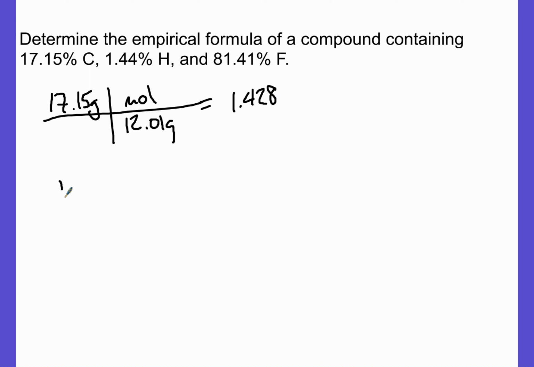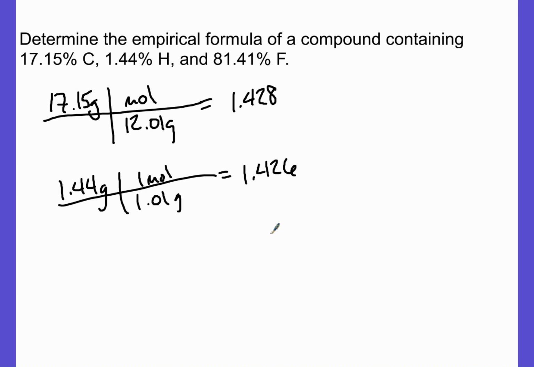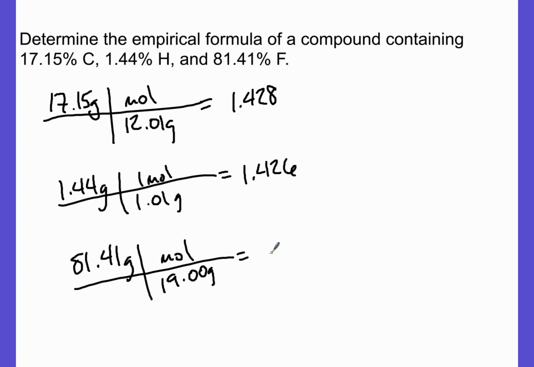If I take the 1.44, call it grams, divided by 1.01 for hydrogen, because that's the mass of 1 mole of hydrogen, I'm going to get 1.426. And then I'm going to get 81.41 grams for the fluorine, and that's 19 grams per mole. Dividing those gives me an answer of 4.285.